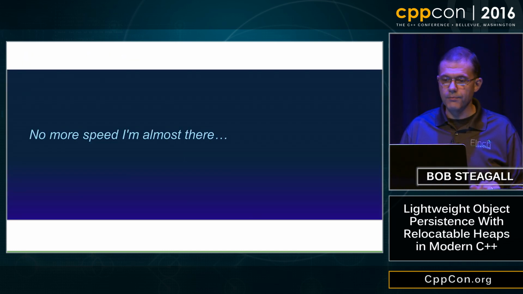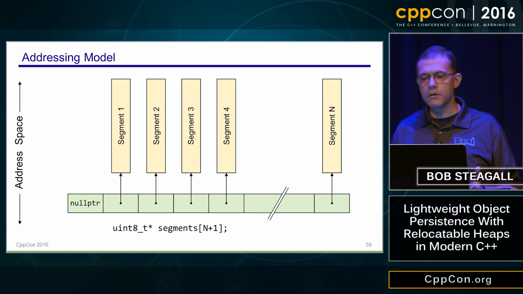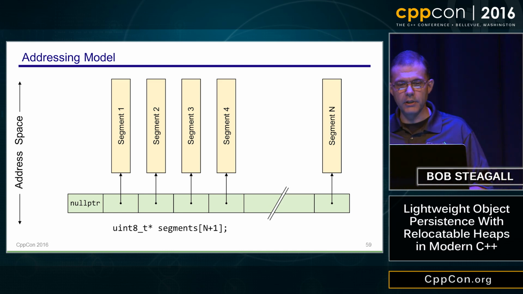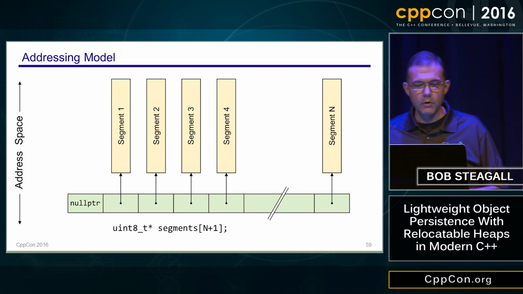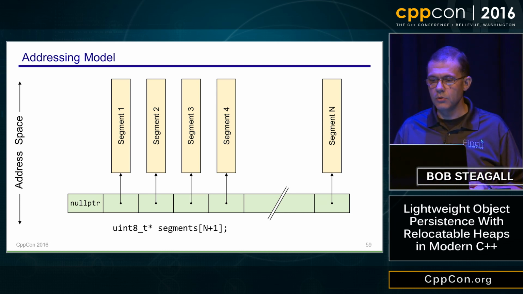Okay, so let's look at some example code. Here is one possible memory layout for a relocatable heap. We have a set of n segments, all of which are pointed to by what I call a backbone array of pointers.